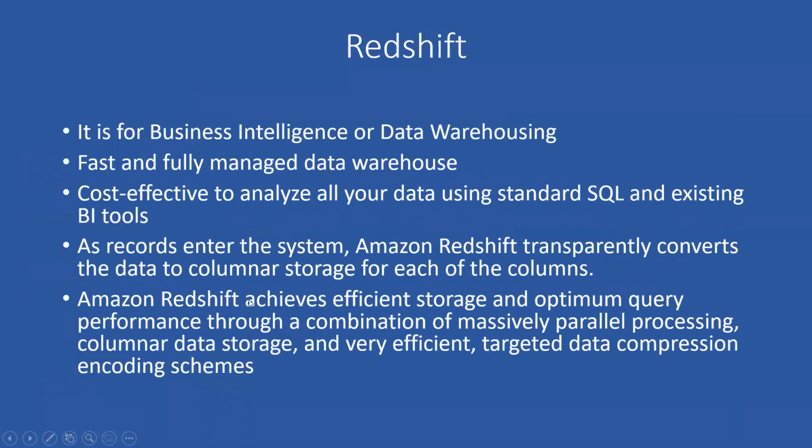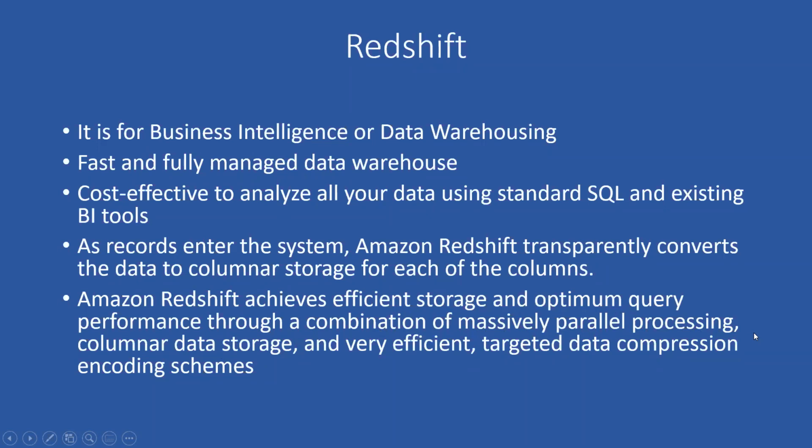So this is columnar storage. Understand that Redshift is for data warehousing and business intelligence, obviously, and the architecture is columnar storage. It stores column by column. Amazon Redshift achieves efficient storage and optimum query performance through a combination of massively parallel processing.